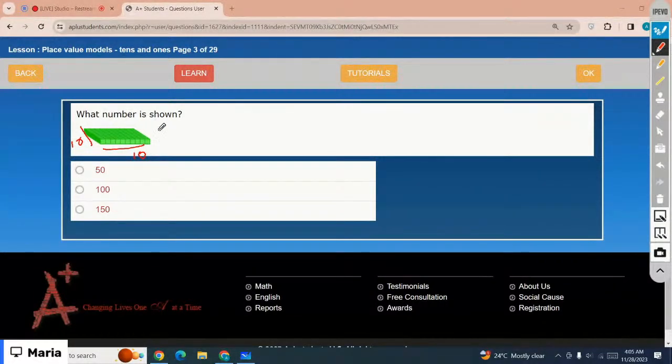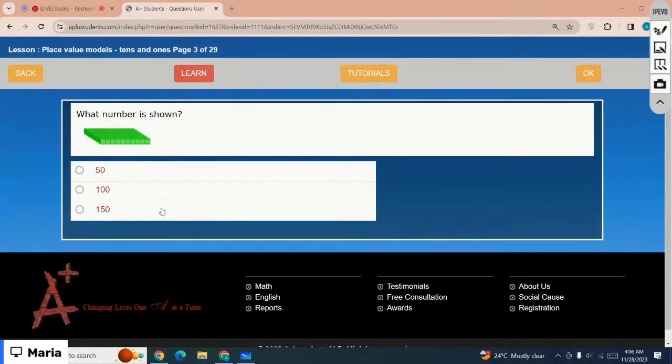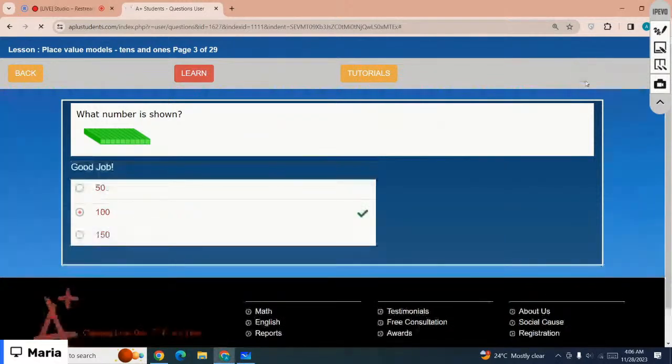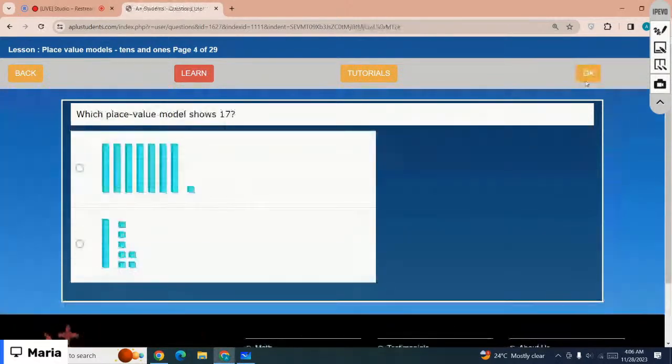Whenever you have this, it represents 100. What you need to understand here is that this one represents 1, this one represents 10, and this represents 100. 1, 10, 100. So the correct option is 100. This model represents 100, and the rest of the numbers you represent using these models.